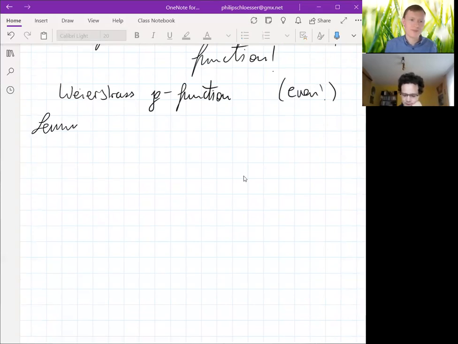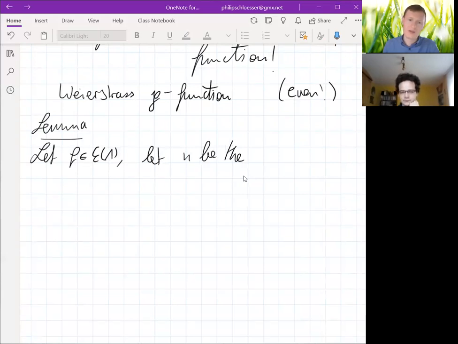Now something I didn't really mention, but could have also come to that conclusion earlier. So if f is an elliptic function, then there's actually more we can say just by the number of poles that it has. So let n be the number of poles of f on P counted with multiplicities.